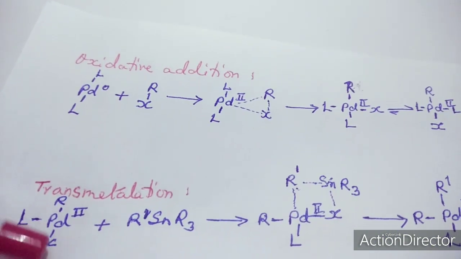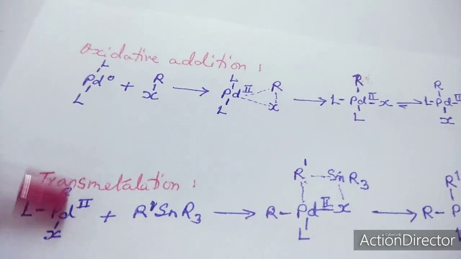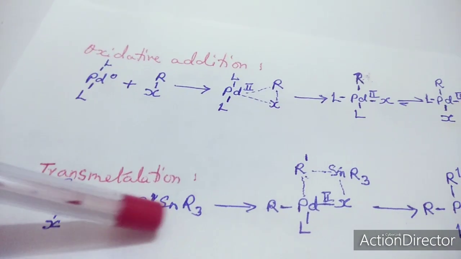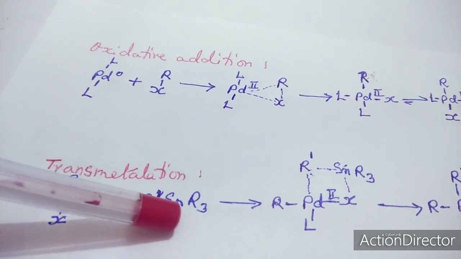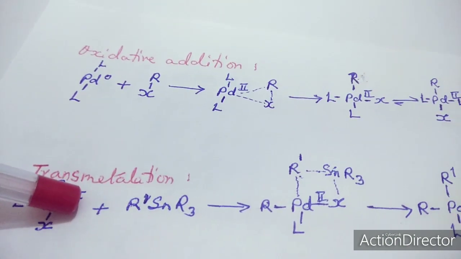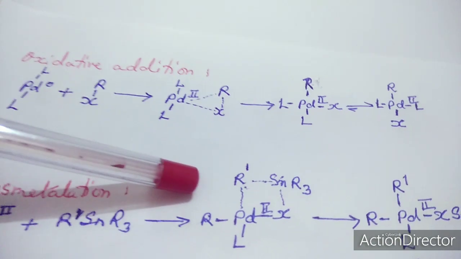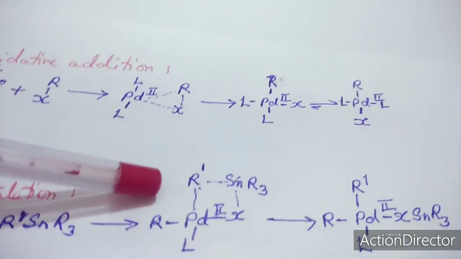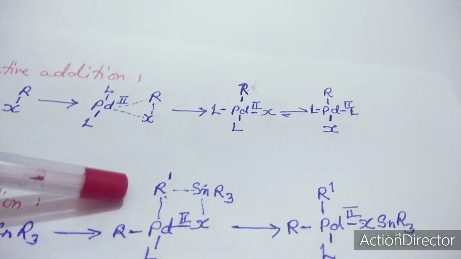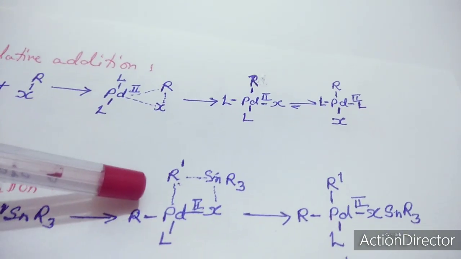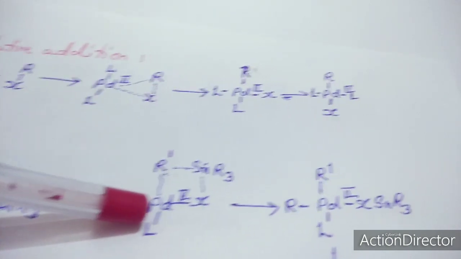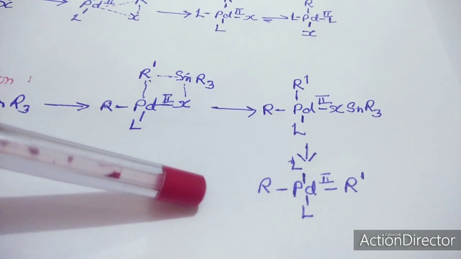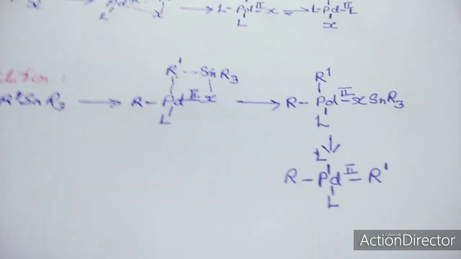So before reductive elimination, transmetallation occurs, and transmetallation means that this group R1 is transferred from this metal across to this metal, through a 4-membered cyclic state. So R3SnX leaves, and in place of that, R1 has now been transferred to palladium, leading to this palladium complex.